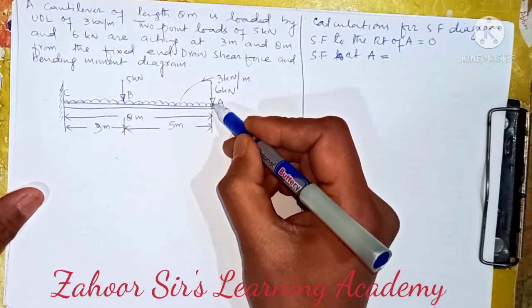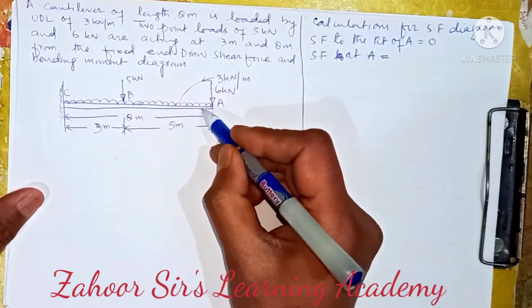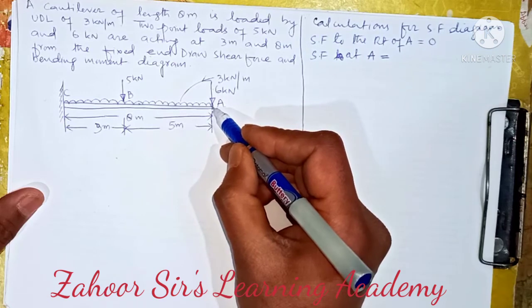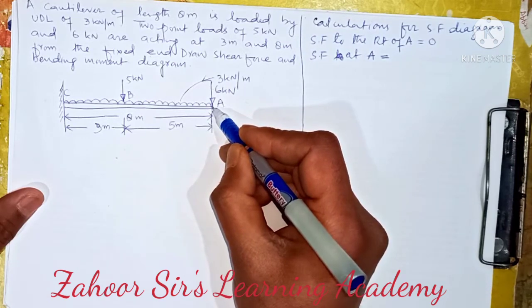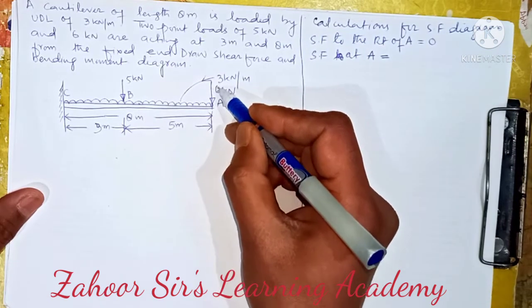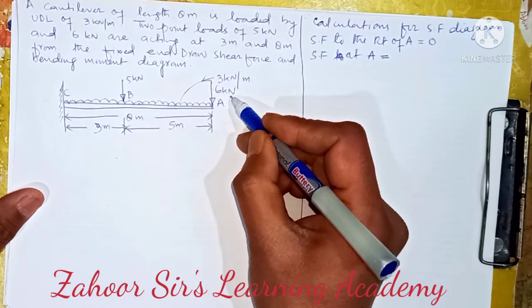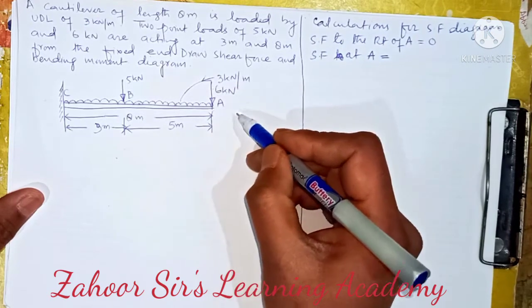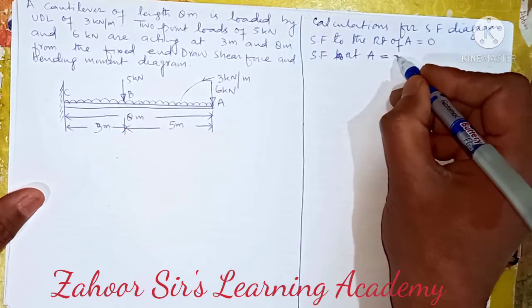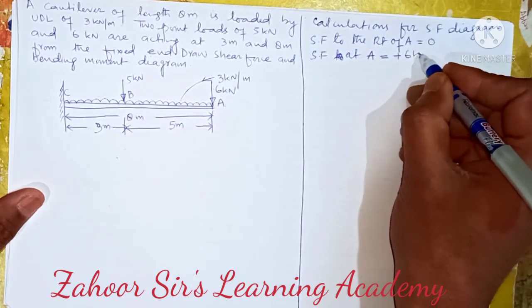Yes, there is this point load. Yes, there is this UDL, but UDL is negligible at point A. There is a definite point load which is 6 kilonewton and it acts downwards, which we have chosen as positive. So I will write 6 kilonewton at A.